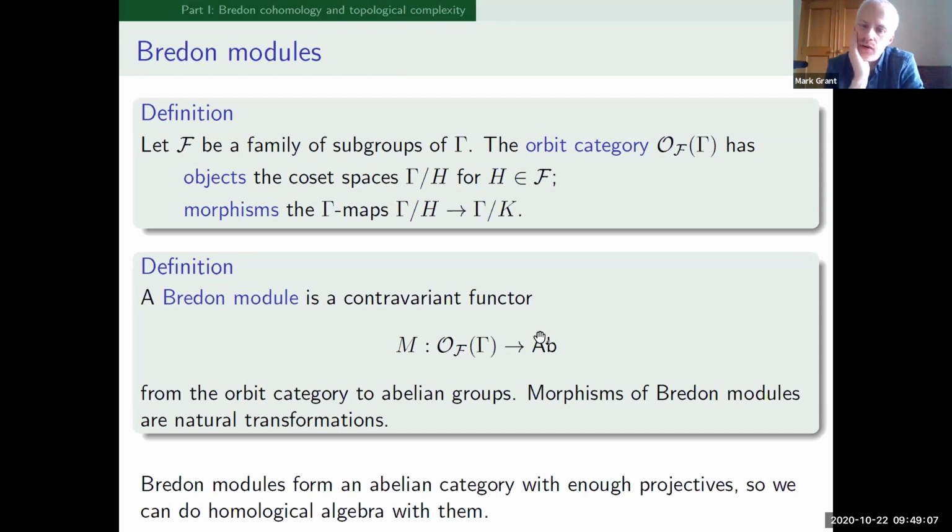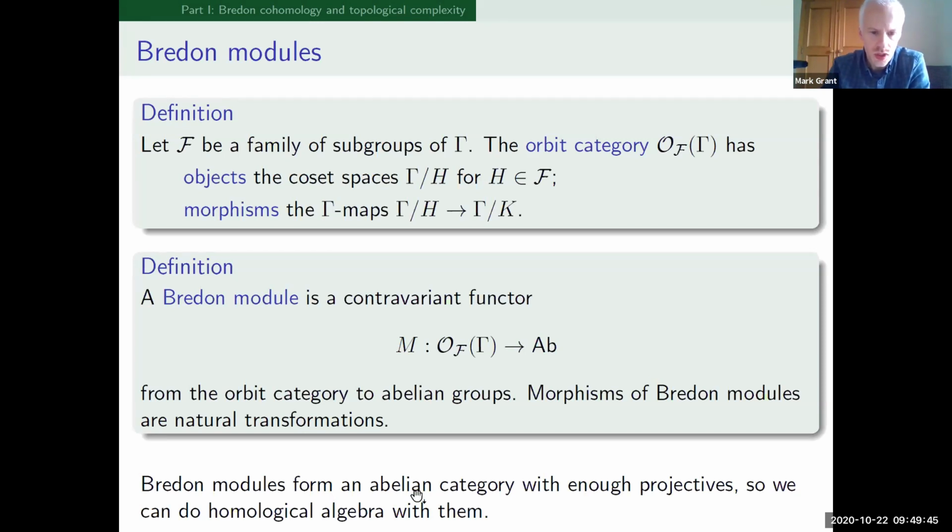Now, it's useful to point out that if F is the trivial family consisting just of the trivial subgroup, then you get, as the orbit category, a category with one object and one morphism for each element of the group gamma. And you see then that a Bredon module is nothing but a module over the group ring of gamma. So this generalizes in a quite natural way modules over the group ring. And as you'll see, Bredon cohomology generalizes group cohomology.